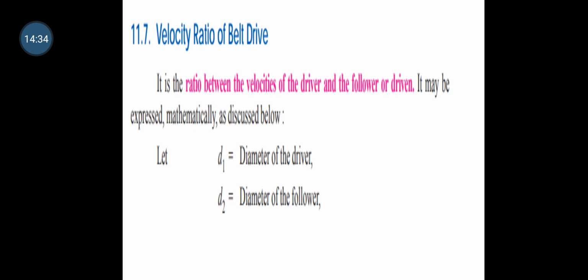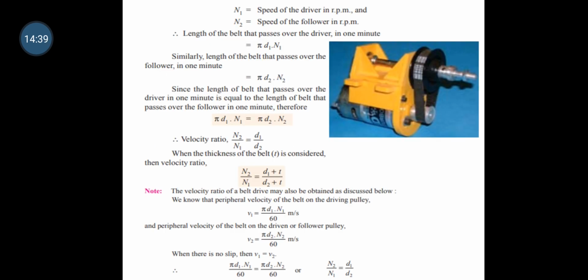The length of the belt that passes over the driver in 1 minute is equal to pi into D1 into N1. Similarly, the length of the belt over the follower in 1 minute is pi into D2 into N2.